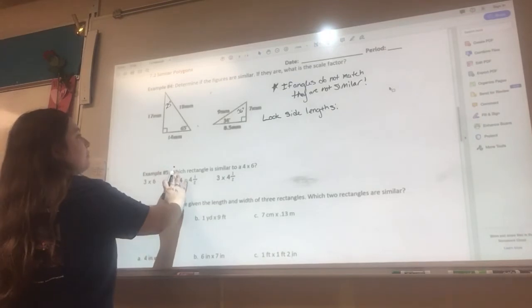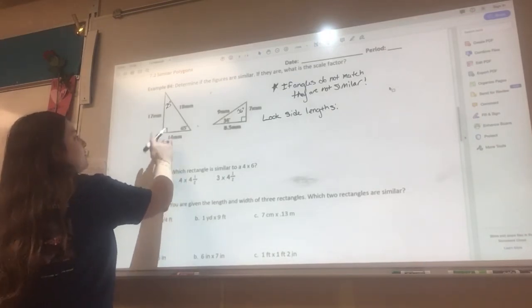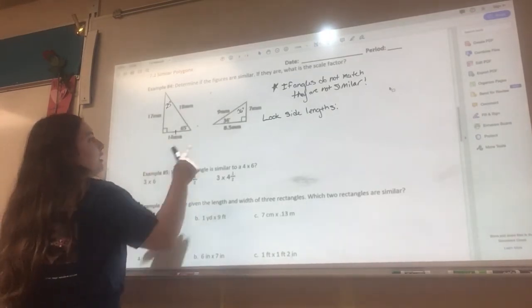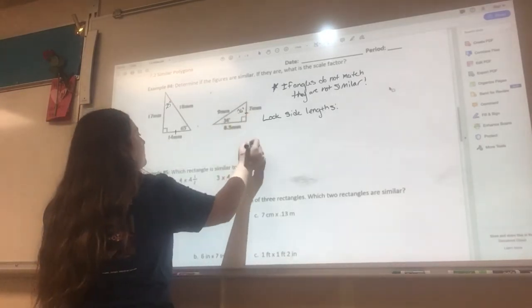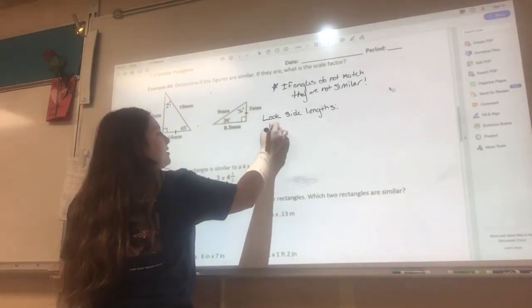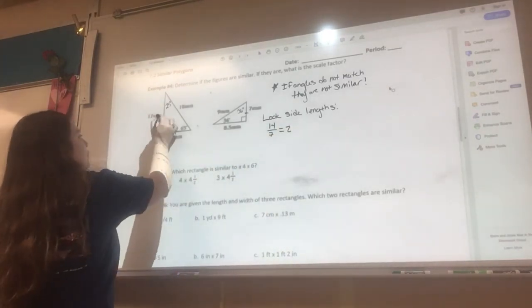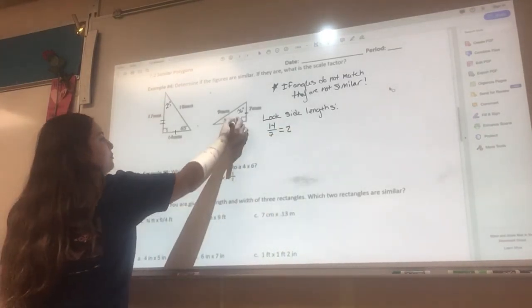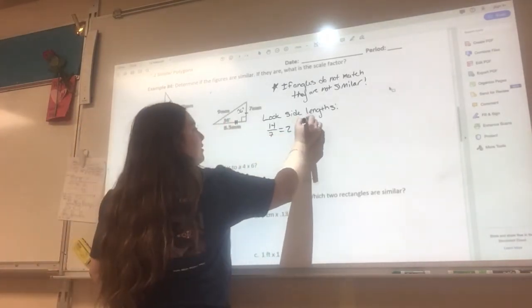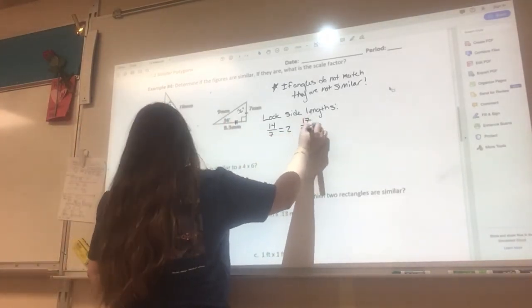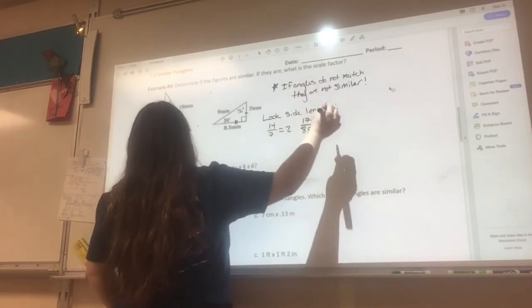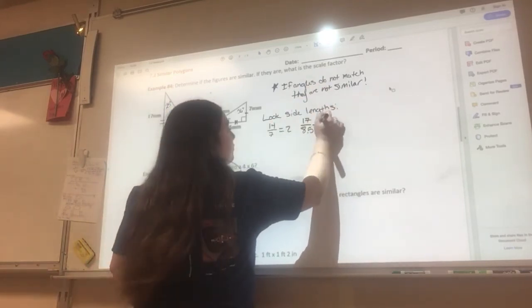So we can see we're going to go by smallest. The smallest number here is 14, and the smallest number here is 7. So we're going to look at 14 over 7, which equals 2. And then we're going to look at the next smallest, which is 17 and 8.5. 17 over 8.5 is 2.